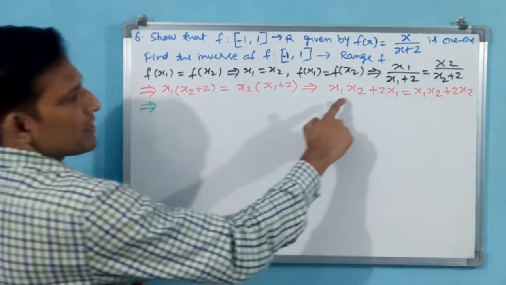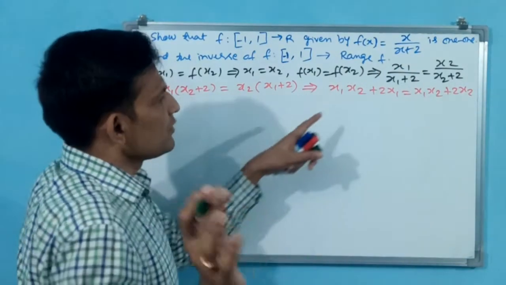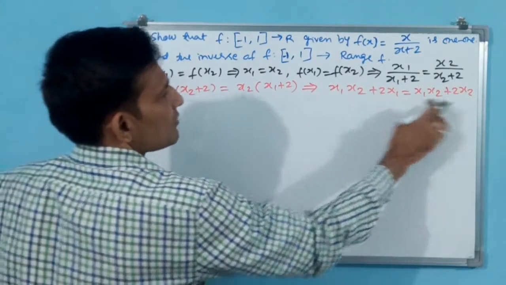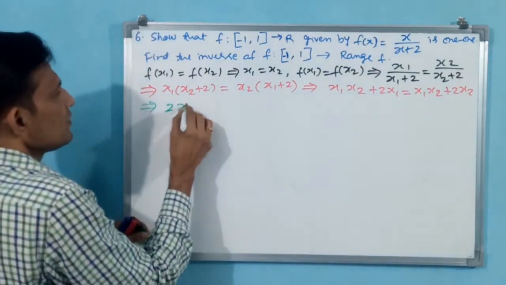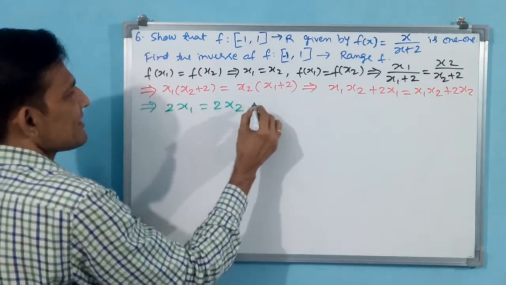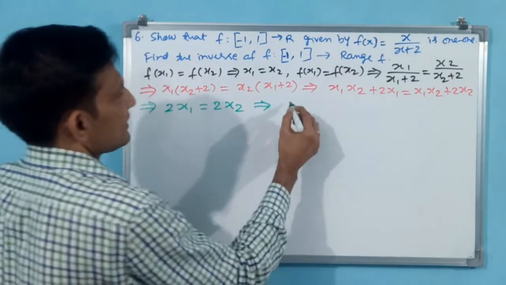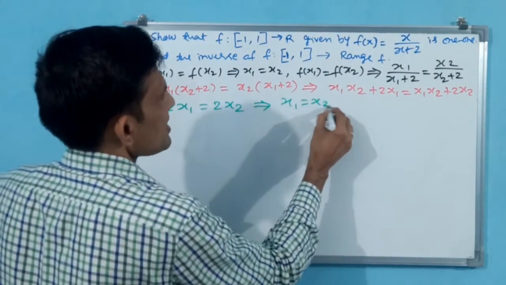Now you see, I am not going to cross y because you may get confused. x1 x2 and x1 x2 get cancelled. Then 2x1 is equal to 2x2. Again implies, 2 gets cancelled and x1 is equal to x2 will come.